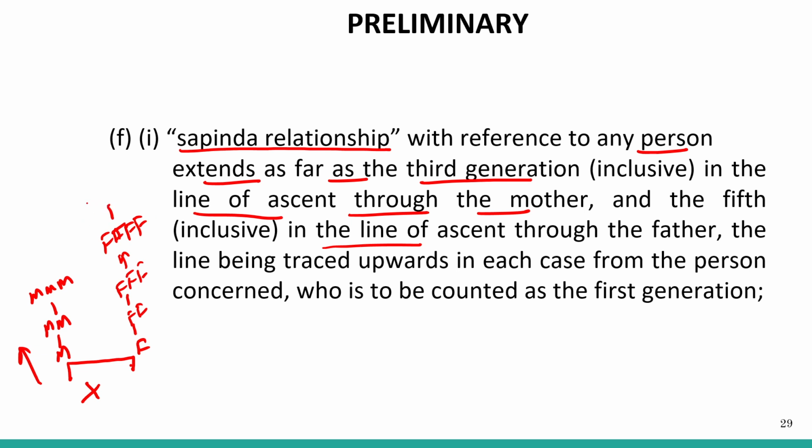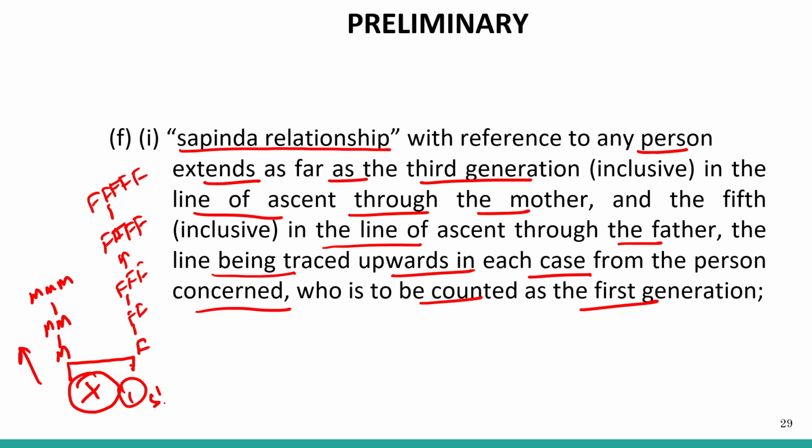Then father's father's father's father's father, great great great grandfather. So what is it saying? It ascends through the father, the line being traced upward in each case from the person concerned. The person concerned is to be counted as the first generation.